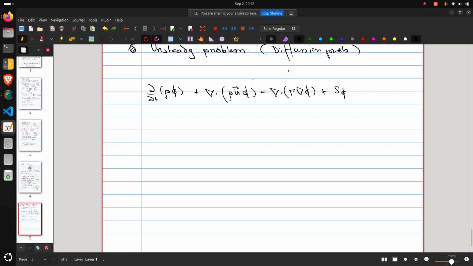So we'll ignore the convection term, and we can keep the sp, not an issue. Now we have dou by dou t of rho phi equal to del dot gamma grad phi plus sp, right? So this is the unsteady term.